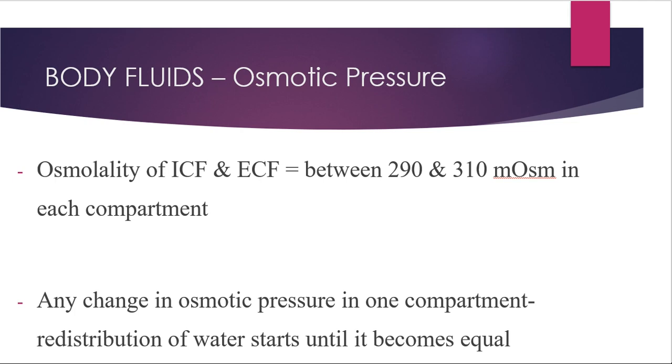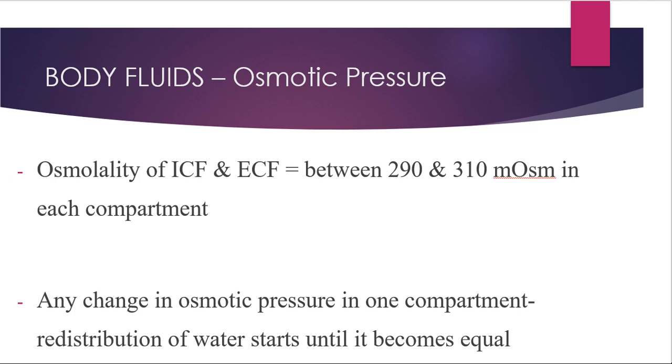Normally, in our body, the osmolality of ICF and ECF is maintained between 290 milliosmoles to 310 milliosmoles in each compartment. And most of the intravenous crystalloid fluids that are available, which are isotonic with our plasma, have osmolality in this range.